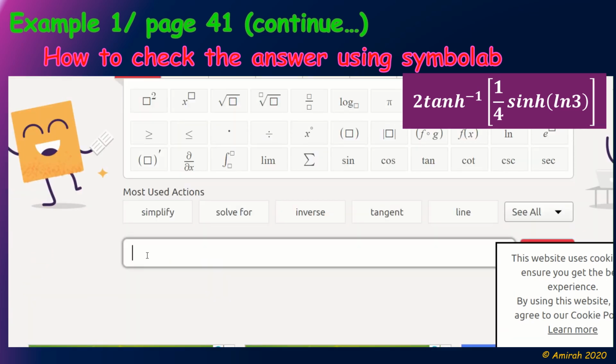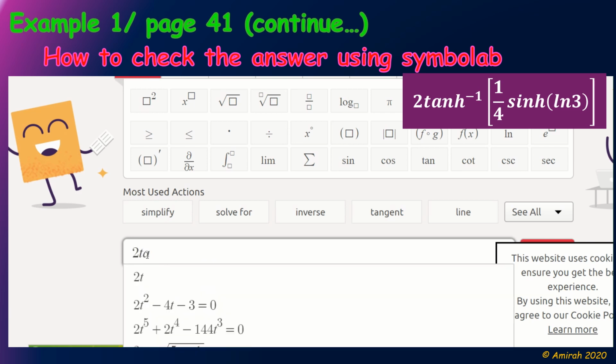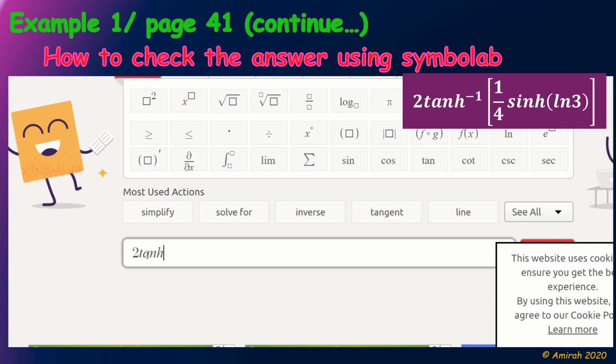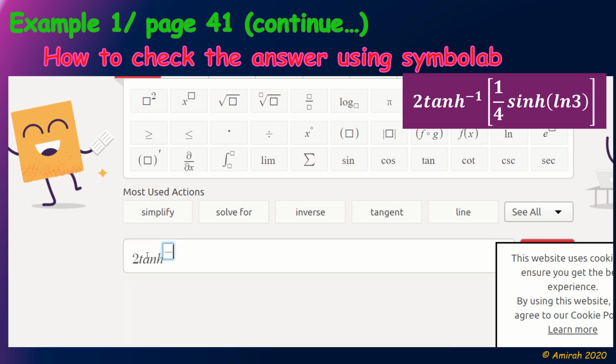Under enter a problem, you need to type 2 inverse tanh. It looks like tanh to the power of -1, but it means inverse tanh actually. And then 1/4 sinh in bracket ln in bracket 3.